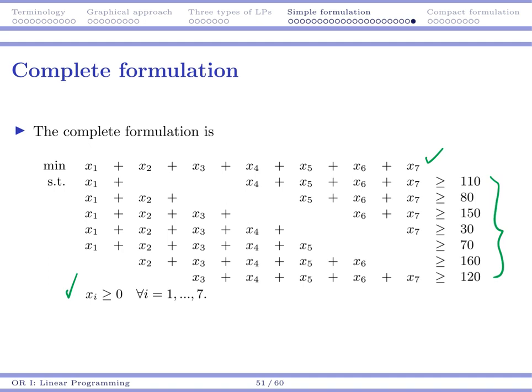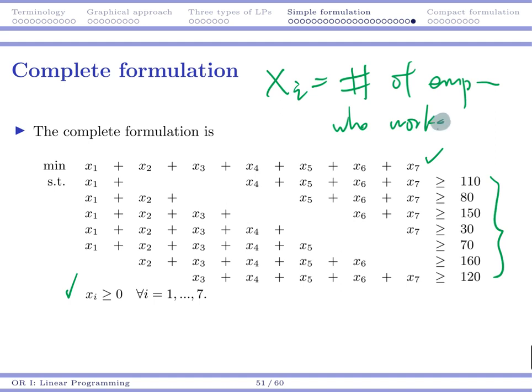Another comment is that from time to time, you need to modify the definition of your decision variables. For example, many beginners, when they see this problem, would set decision variables xi as the number of employees who work in day i.